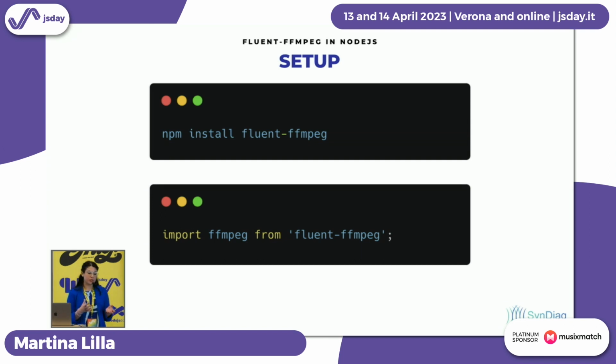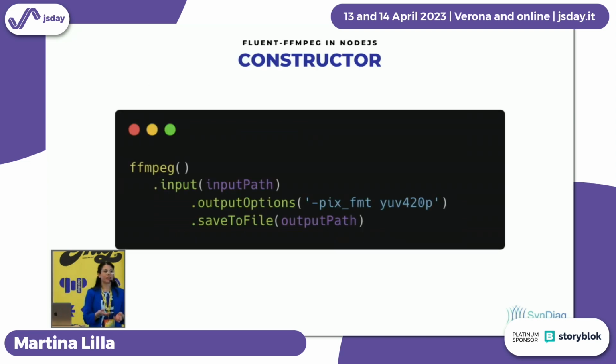To use ffmpeg directly or to integrate it in your projects, you first have to install it on your local machine. After the installation, you can proceed with the installation of the fluent-ffmpeg module, and then just import the module inside the files where you need to use it. fluent-ffmpeg provides a constructor that you can use to instantiate ffmpeg commands.